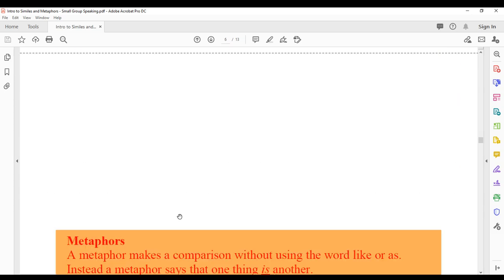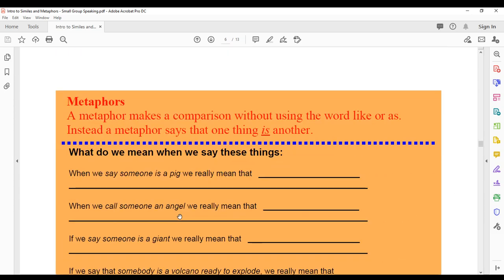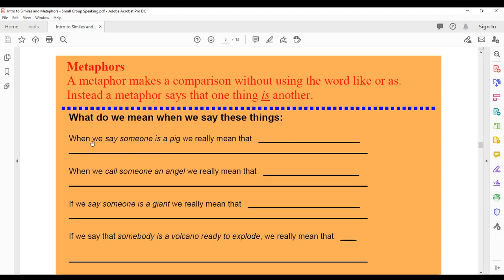Okay. So again, a metaphor makes a comparison without using the word like or as. Instead, a metaphor says one thing is, two things are, one thing was, two things were. You have to change the verb tense.